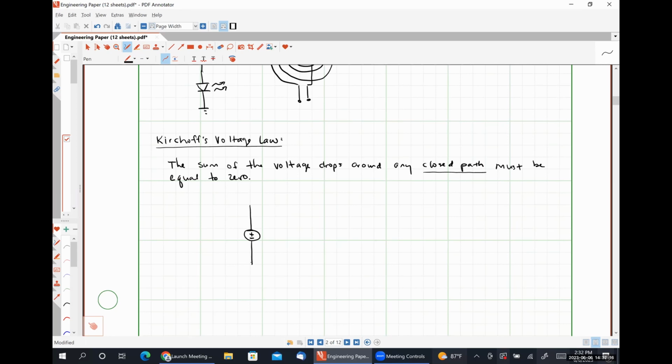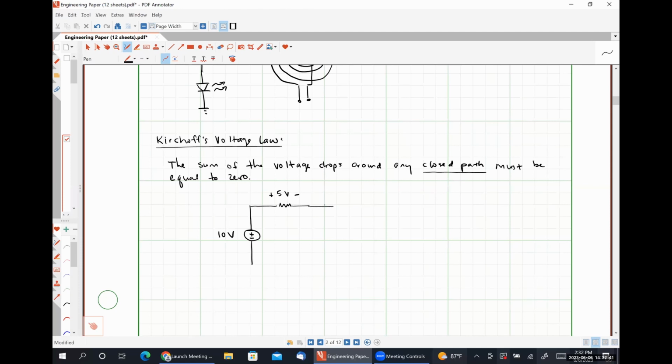Effectively, if we have a simple circuit here, let's say that I have a voltage source, let's call it a 10-volt source for the sake of argument. And then I have a resistance. The value of the resistor isn't particularly important, but I have measured that there is a 5-volt drop across this resistor.